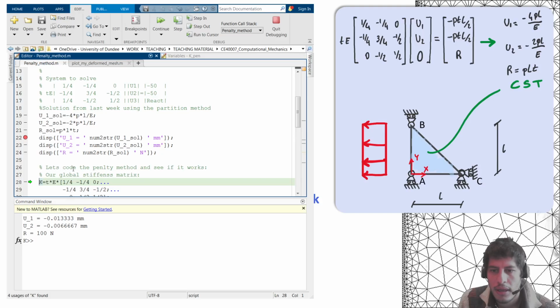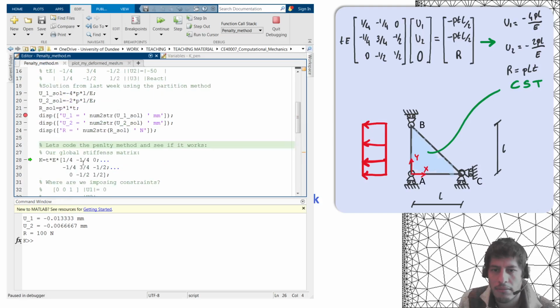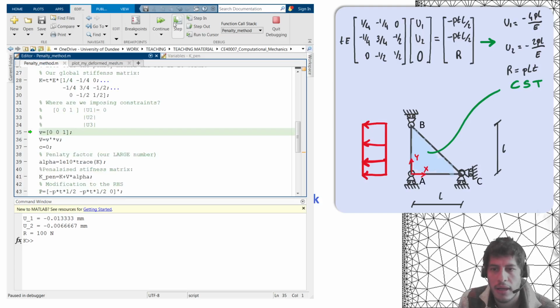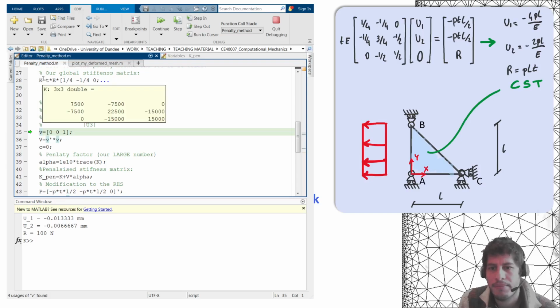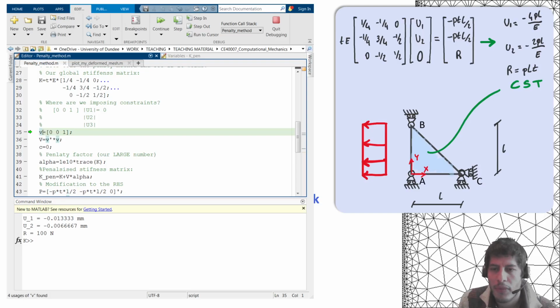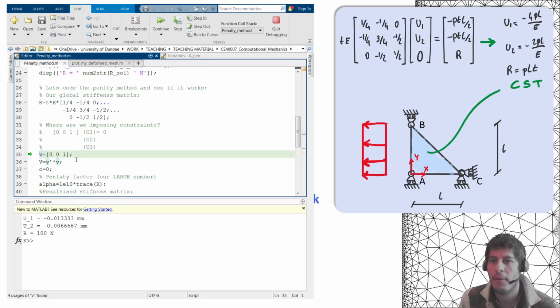So I will write down the stiffness matrix. I will introduce the numbers above, and this is what you get. So the stiffness matrix is over here, and then we write the vector v that I was using to impose the boundary conditions.